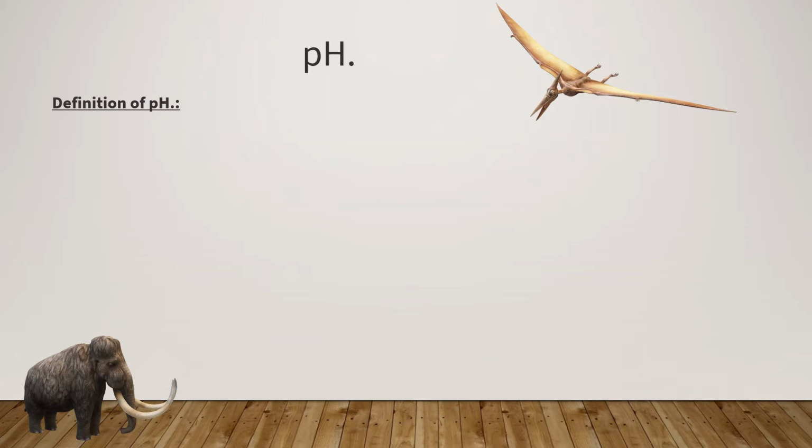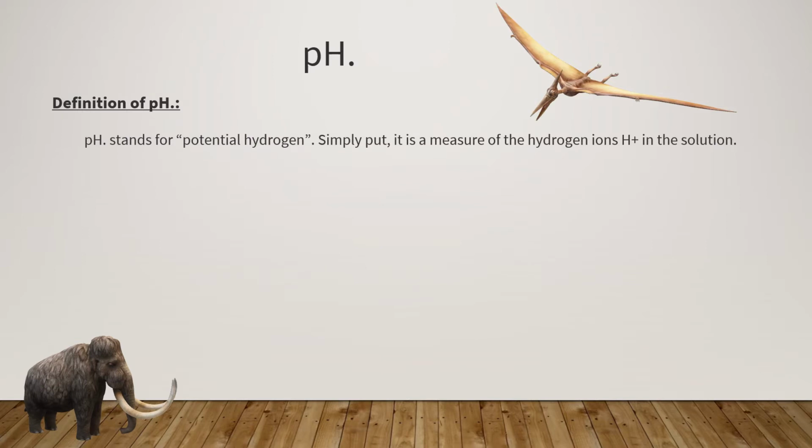So we all know how important pH is. But what is pH? pH stands for potential hydrogen. And in a nutshell, it is a measure of the hydrogen ions, those H positive ions, in that solution.